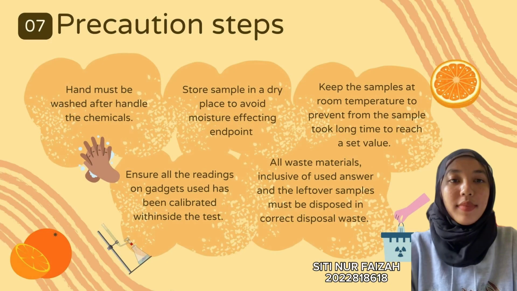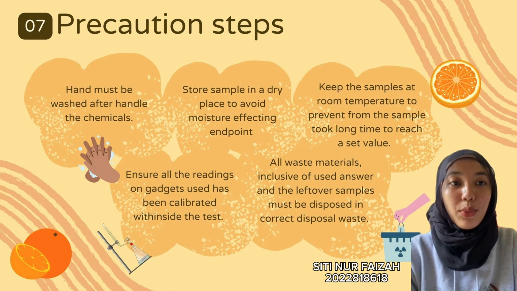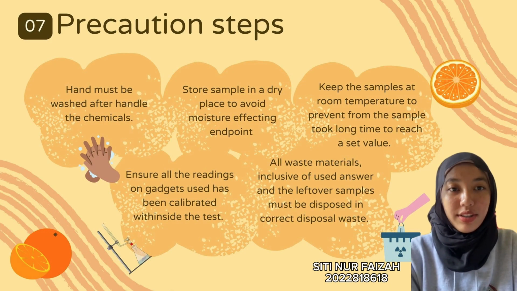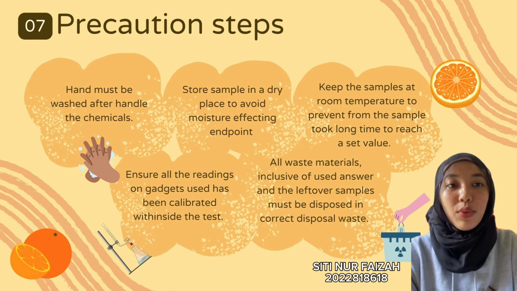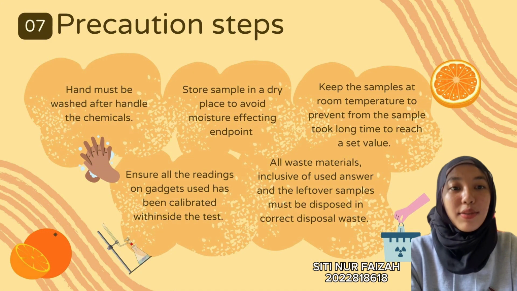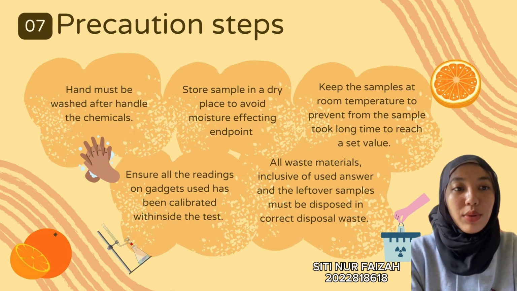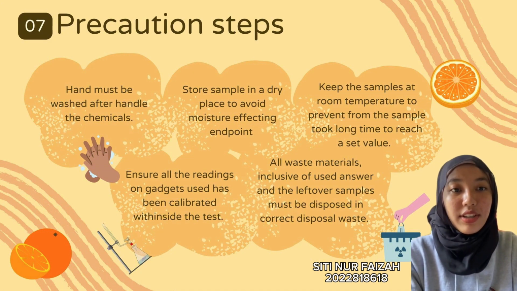Here are some precautionary steps that we need to take while doing titration. First, hands must be washed after handling strong chemicals like strong acids to prevent erosion. Second, the sample must be stored in a dry place to avoid moisture affecting the endpoint. Third, the sample must be kept at room temperature to prevent the sample from taking a long time to reach a set value during the titration.